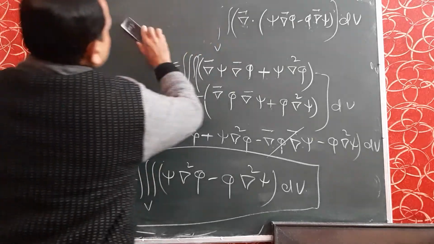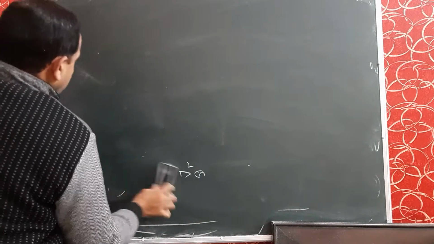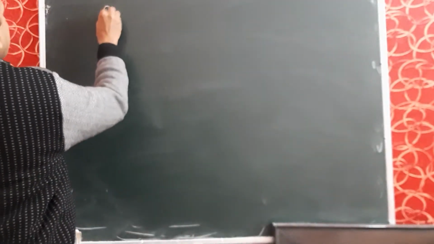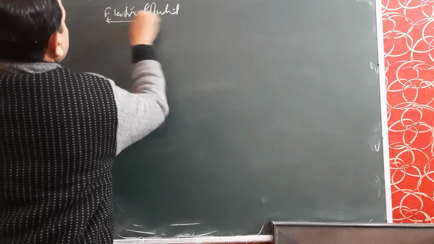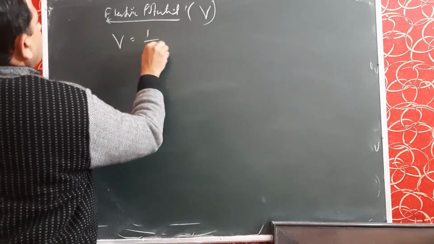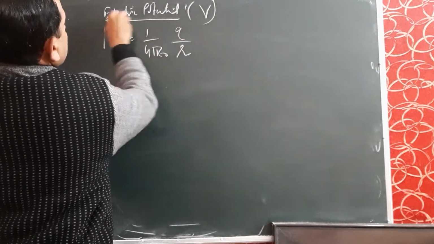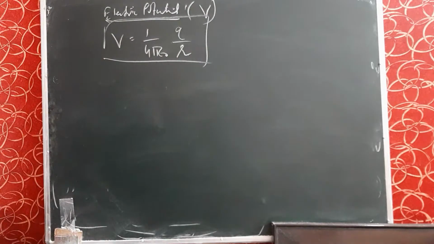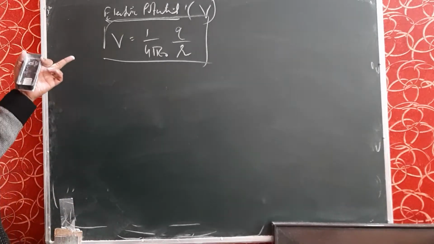You have already studied electric potential in 10+2 class. What is electric potential? Electric potential is V, which is 1 upon 4 pi epsilon naught, Q by R. This is the expression for electric potential, and it is a scalar quantity.